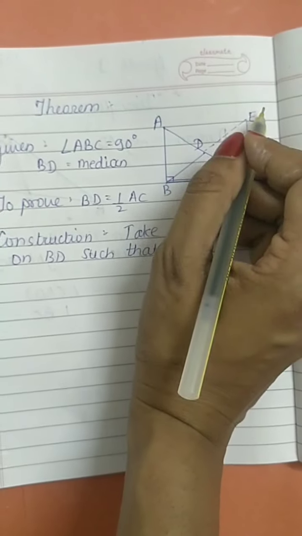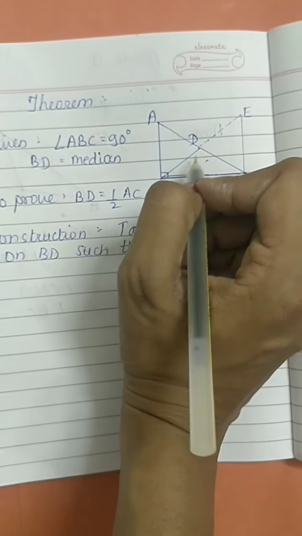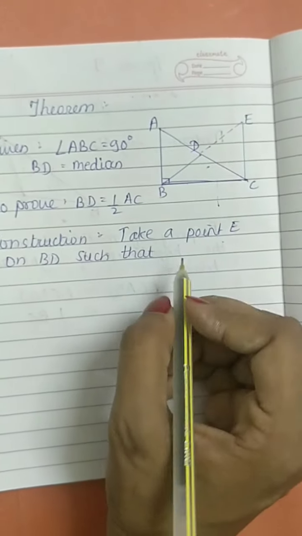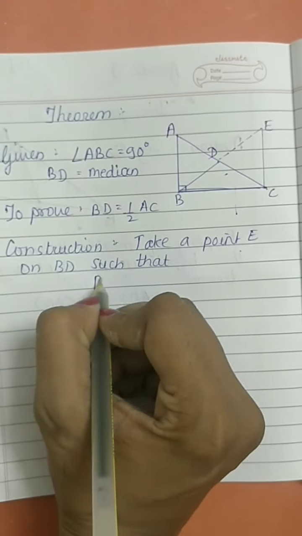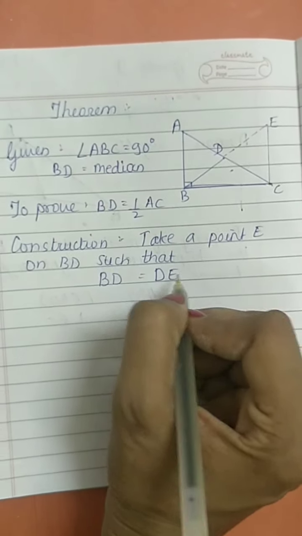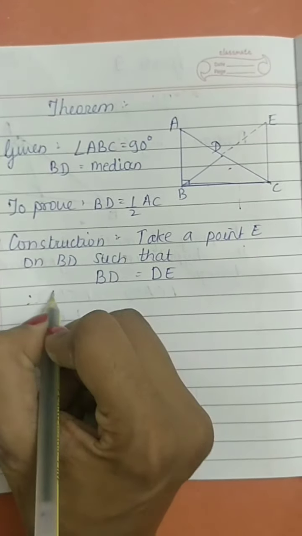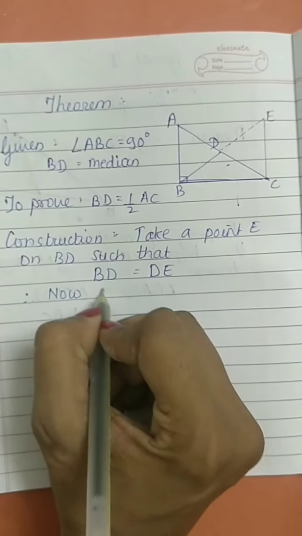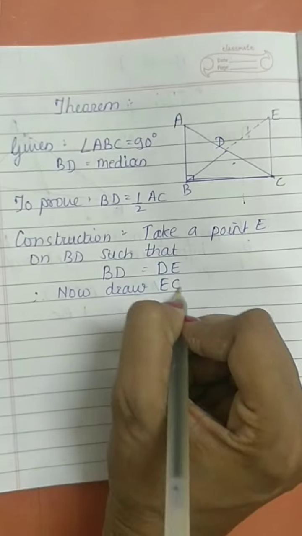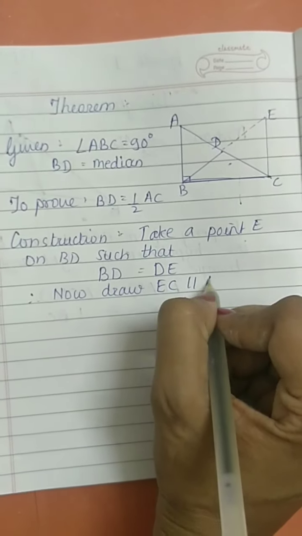You have to take a point E at a distance such that this distance will be equal to this distance, such that BD is equal to DE. And now we are going to draw the line EC, which is parallel to AB.